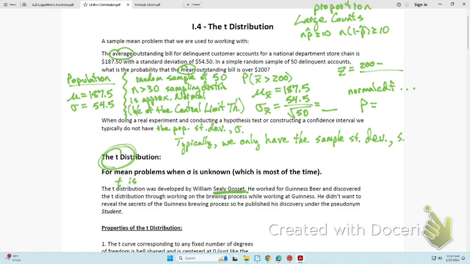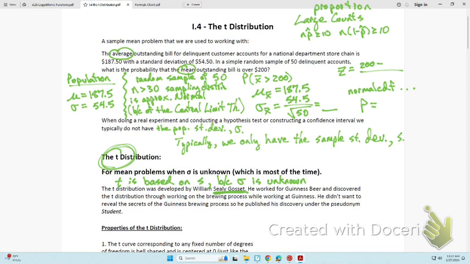T is based on S because sigma is unknown in a typical problem. So that right there is the key. Notice I made it very bold and larger font right there. When sigma is unknown, we are going to use T. That is the whole reason right there.